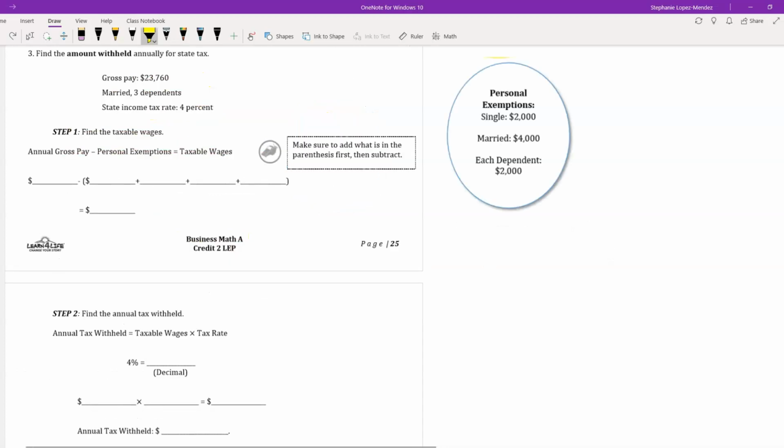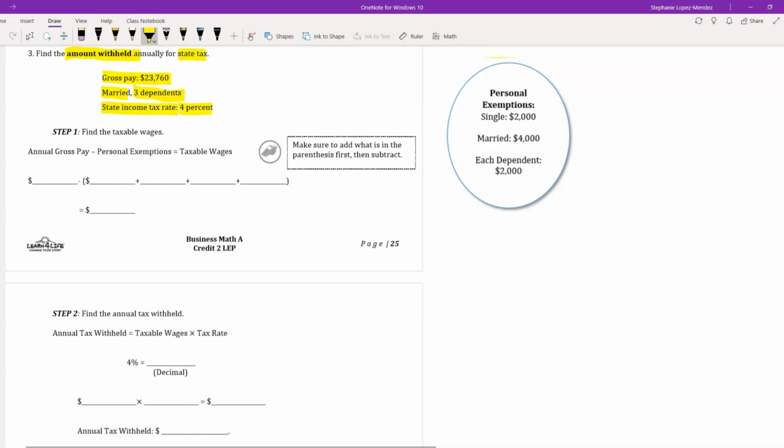Now we go to problem number 3 and we have find the amount withheld annually for state tax. Okay, so the gross pay is $23,760. The person is married and has 3 dependents. And the state income tax rate is 4%.